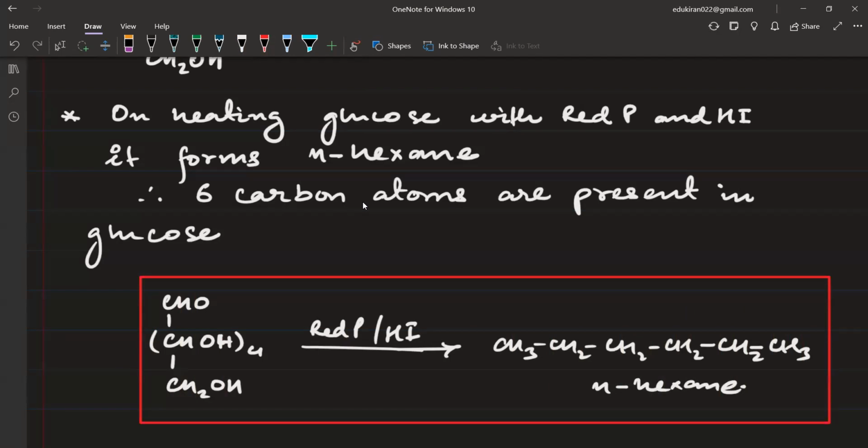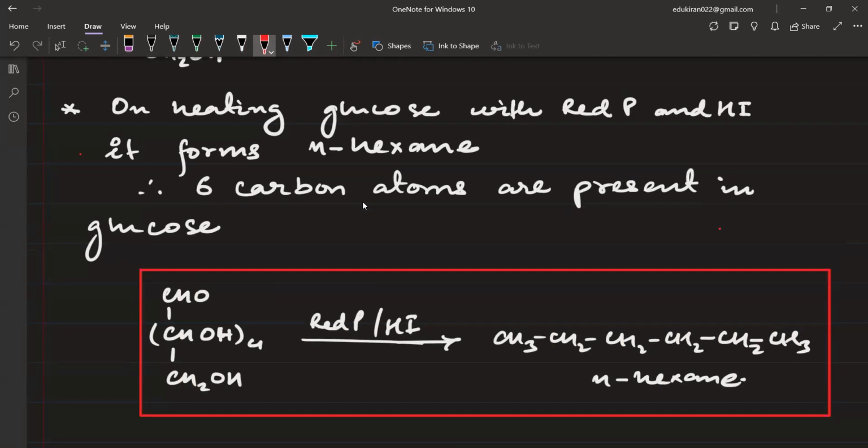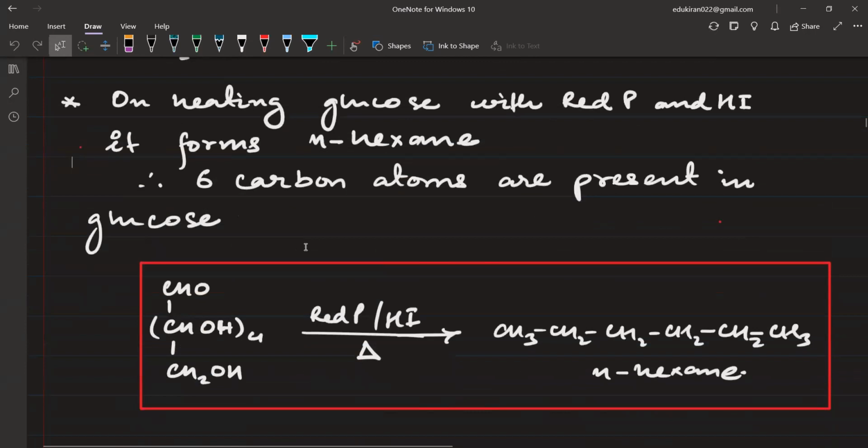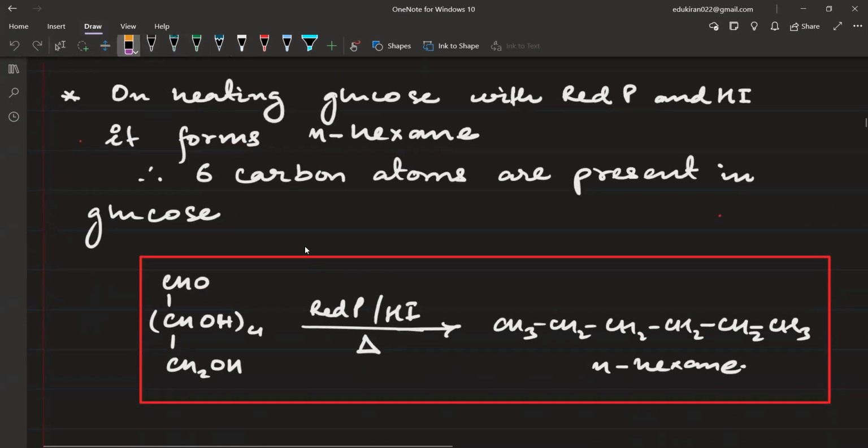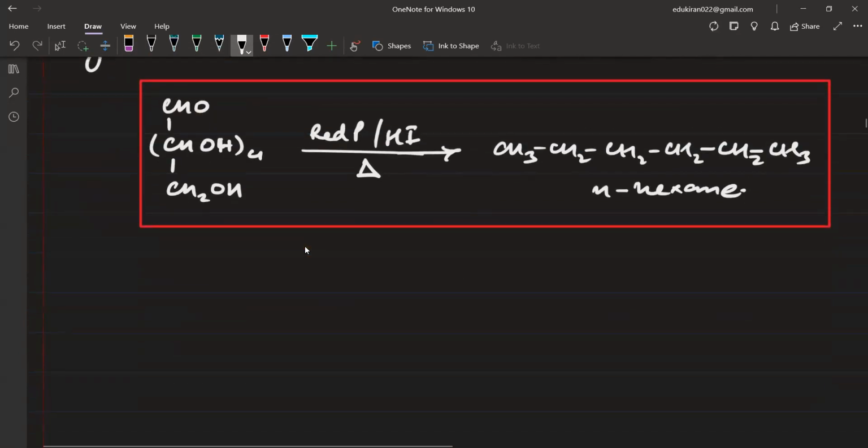All of you will write only reactions, okay? This you can write later on. It gives N-hexane. There is also heat involved, so make a delta sign here. This is the first reaction and first proof. 6 carbon atoms done.